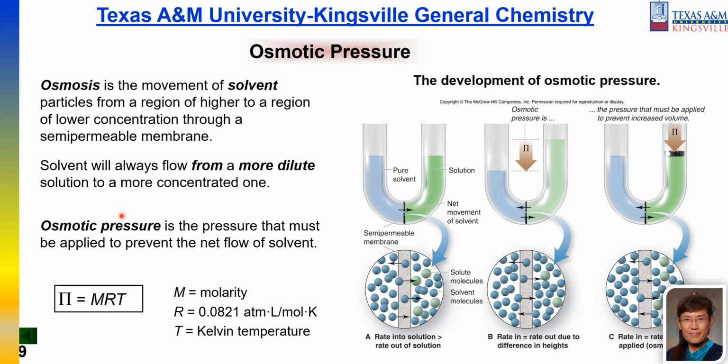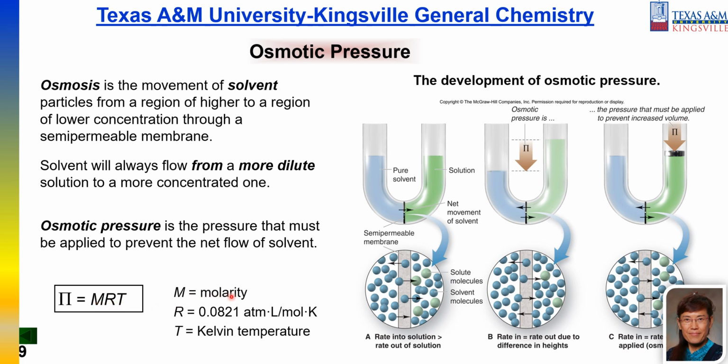Osmotic pressure is defined as the pressure which needs to be applied to prevent the net flow of your solvent. This osmotic pressure equals the molarity times the ideal gas constant times the temperature in Kelvin, MRT.